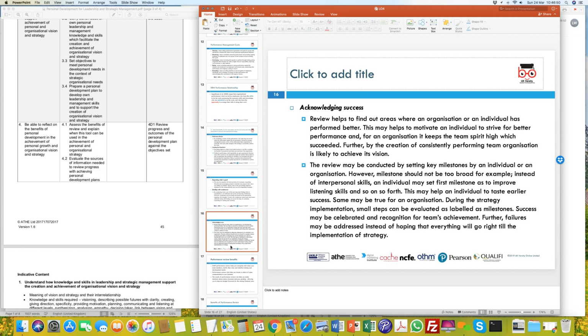Now, acknowledging success: after a review is done and performance appraisals are done within the organization, you will see that employees are rewarded.